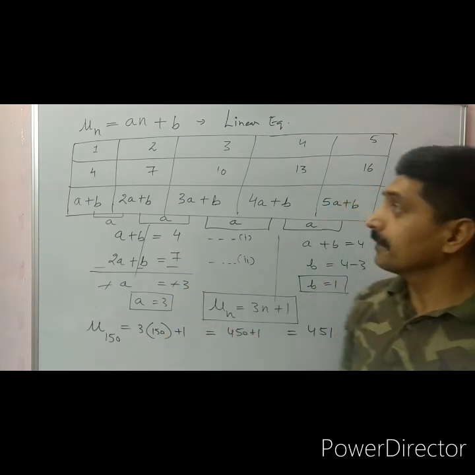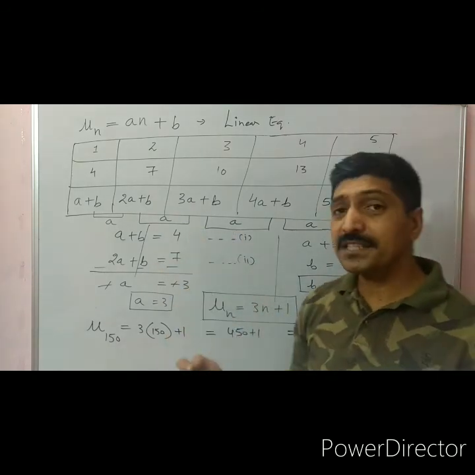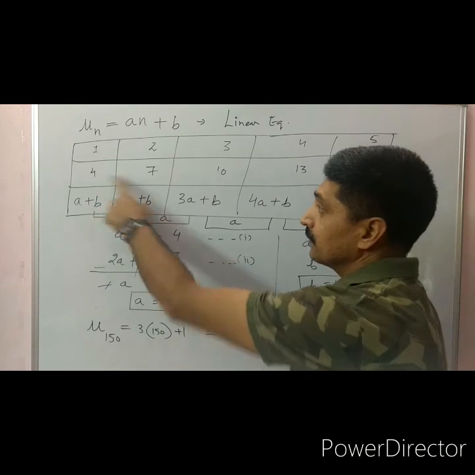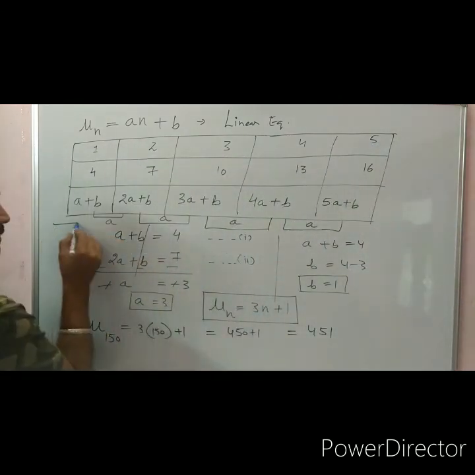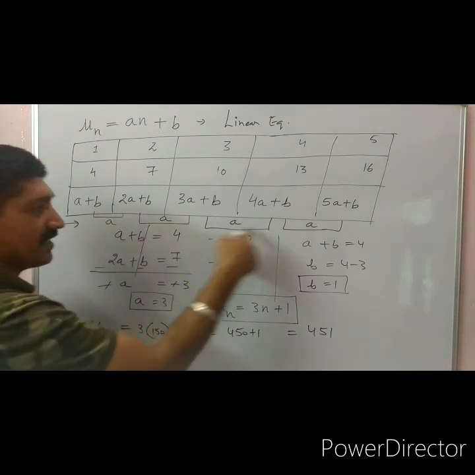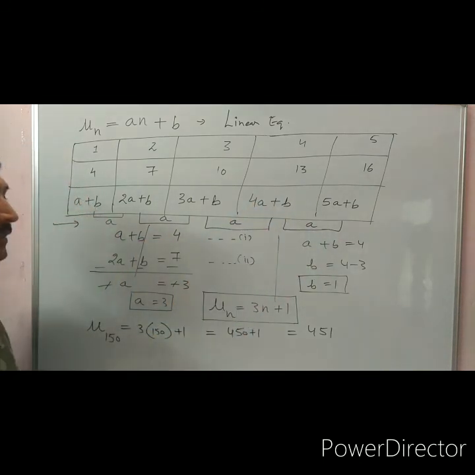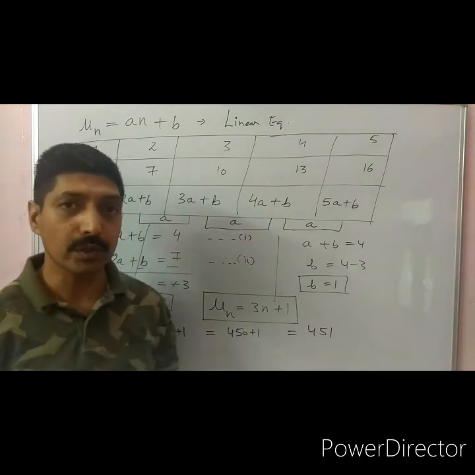Now for complex sequences, if the first difference, this one is the first difference, if this difference is not the same, then we will move ahead with the quadratic rule.